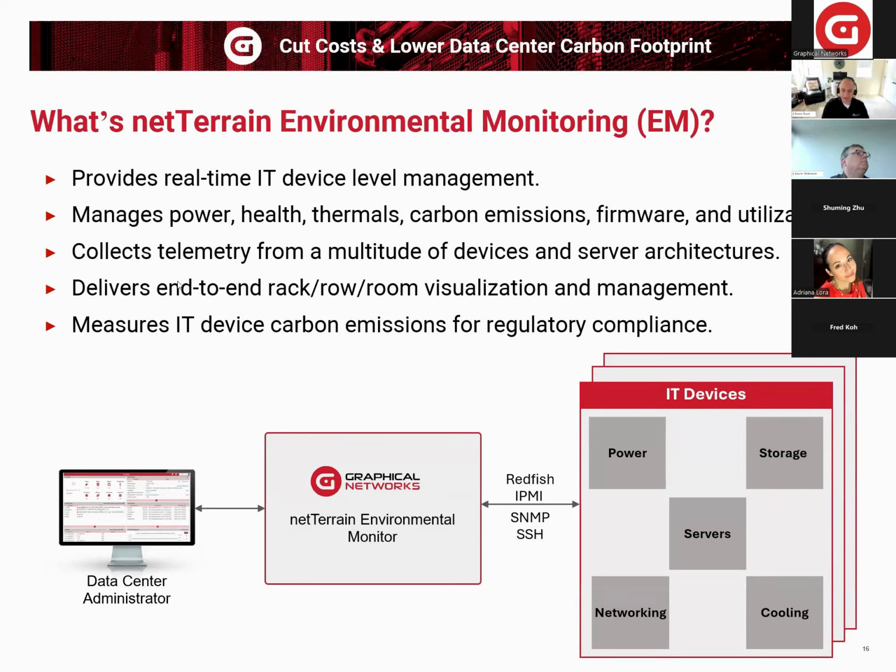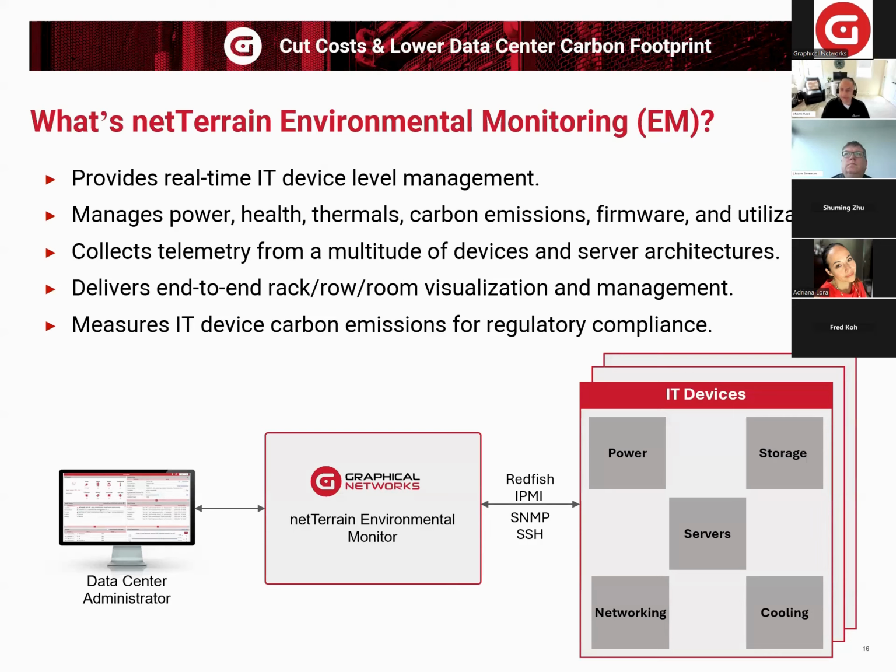All that data is collected, analyzed, aggregated and stored into the EM module, and then exposed to the end user through the web interface for the user to consume in different use cases.